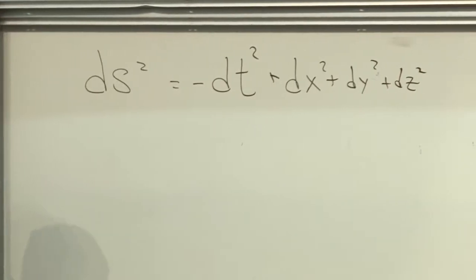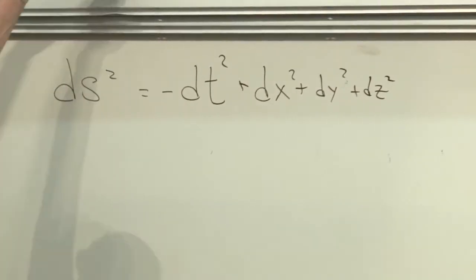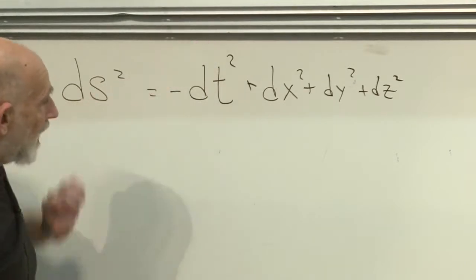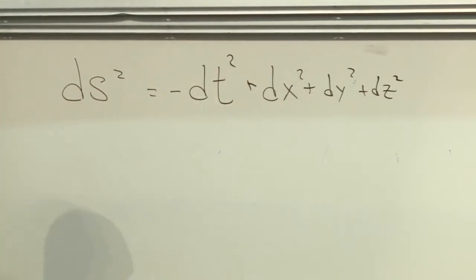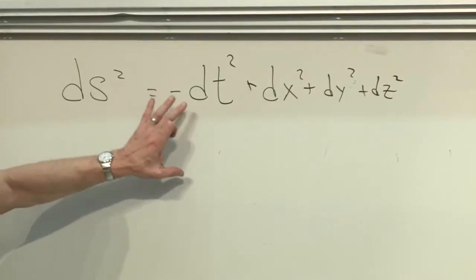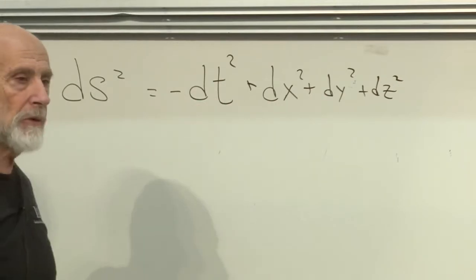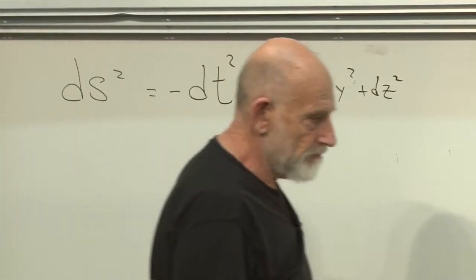Notice that dx squared plus dy squared plus dz squared is just the metric of flat space. So you've taken time and space and put them together, and as always in special relativity, the time component of the metric is negative, the space components of the metric are positive.